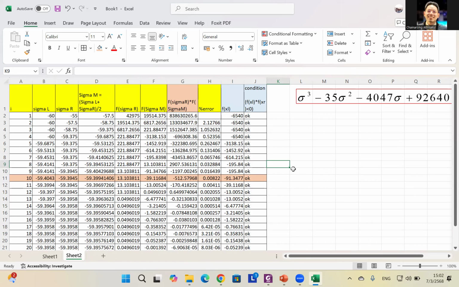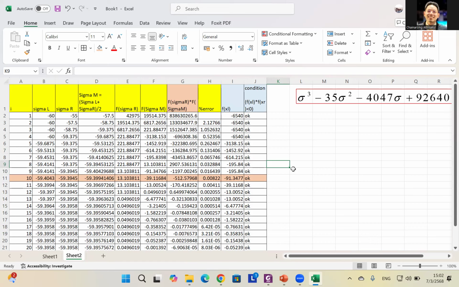You see, f(x) is not close to 0, right? Actually, it's not a good value, because f(x) should be 0. But you see, f(x) for both is not 0, right?